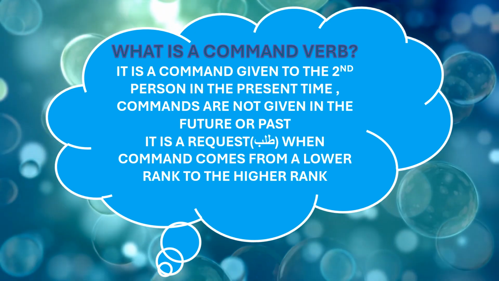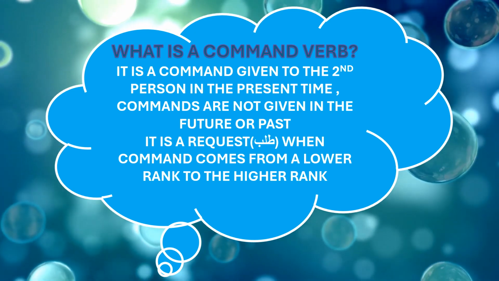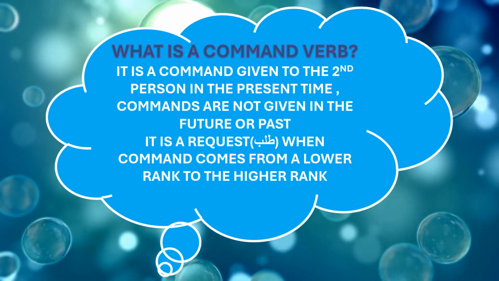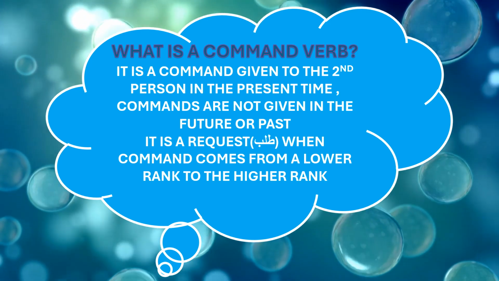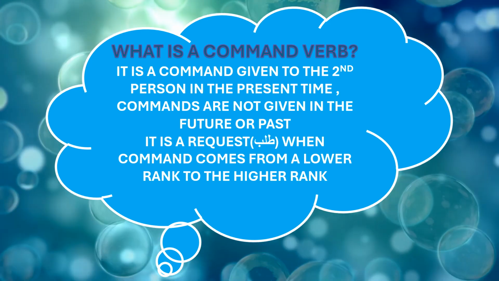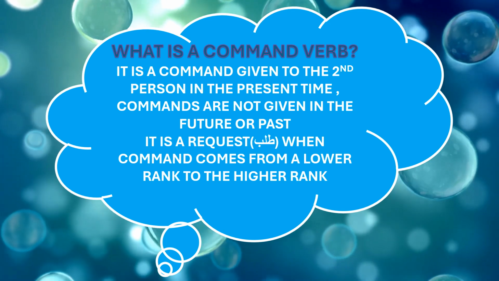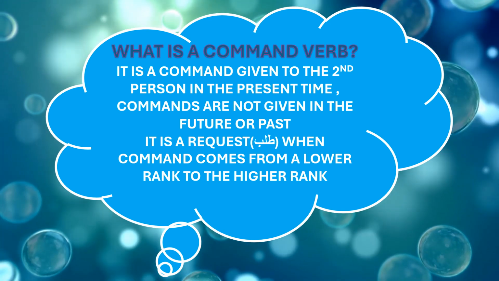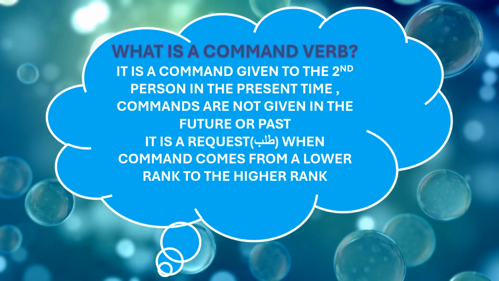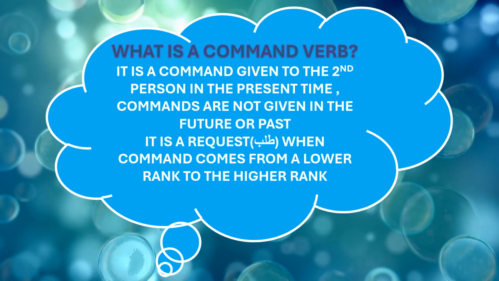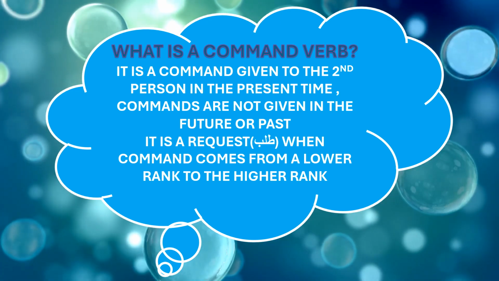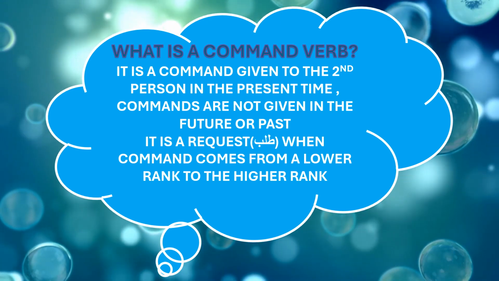You can command a person right in front of you, that is, the second person. And one thing I would like to add here is that you may find some command verbs for the third person and for the first person, mutakallim, also, but that is something we will learn in higher grammar, so I'm not going into detail.